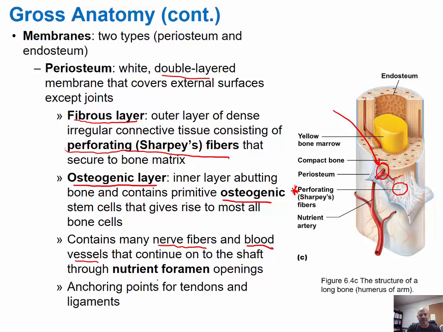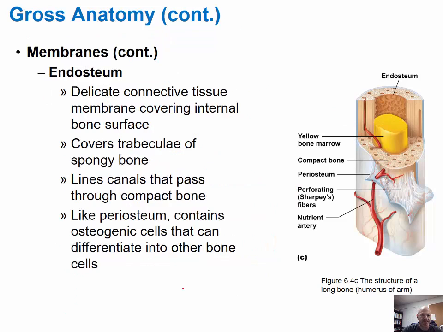The fibrous layer of the periosteum is also the anchoring point for tendons and ligaments. Tendons hold muscles to bone, and those tendons pull on the bones to move them around. Ligaments help hold bones to bones, and those are made of dense regular connective tissue.